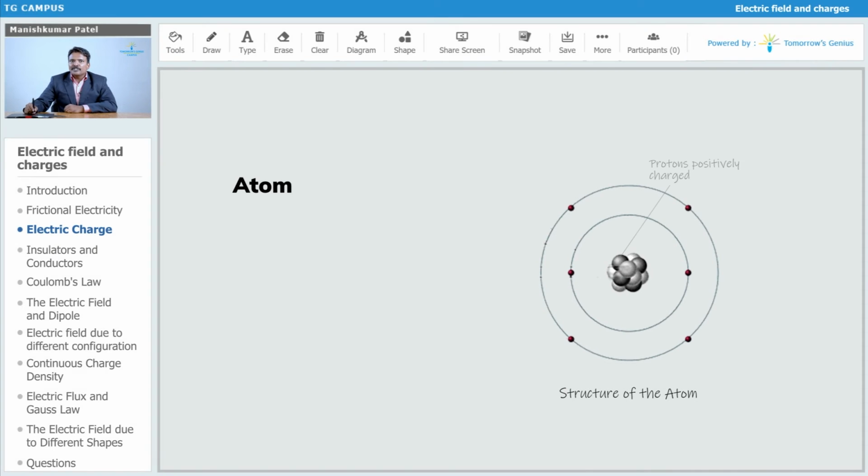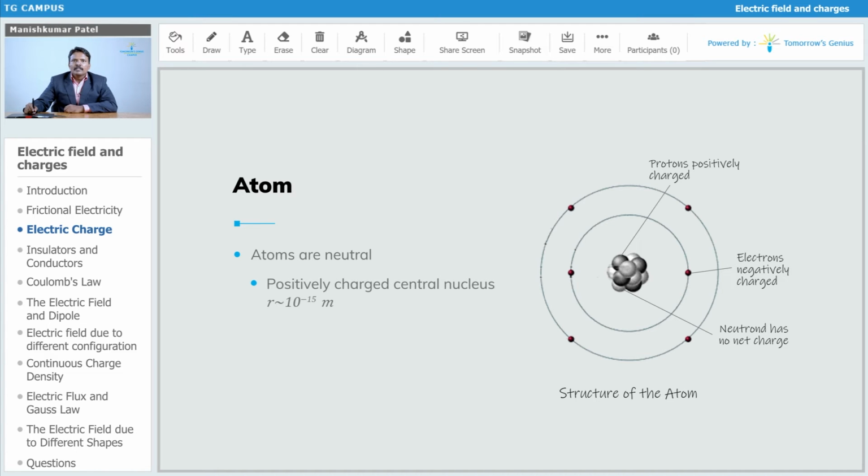If you consider the structure of an atom, it is neutral in state, meaning the number of protons is the same as the number of electrons. Since the proton has positive charge and the electron has negative charge, we can consider it neutral.